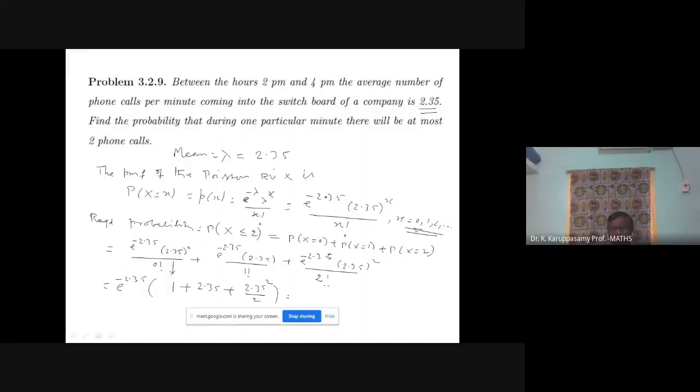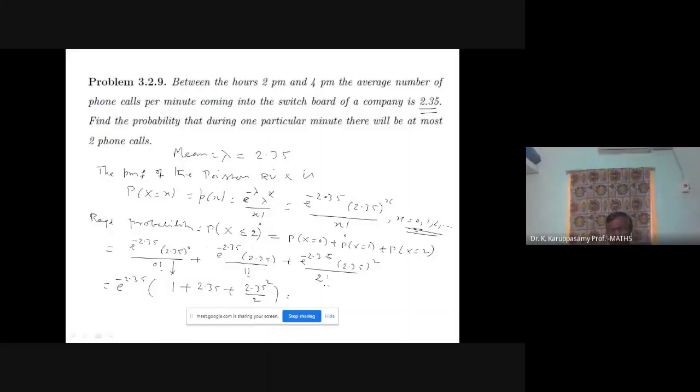another opening bracket: 1 plus 2.35 plus 2.35 square divided by 2. Press the x square button after 2.35, divide by 2, then close the bracket.